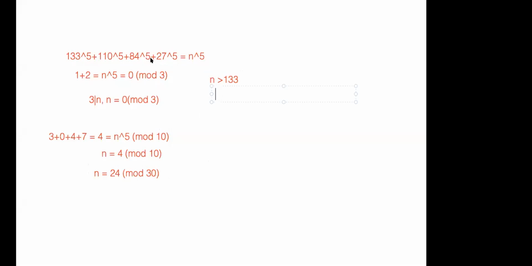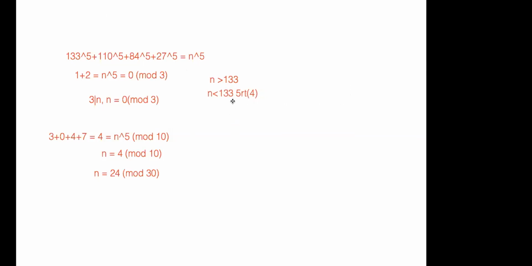We know that n is smaller than 133 times the fifth root of 4. I kind of screwed this up a little bit. Let me select this text. Yeah, the fifth root of 4. So we have this, right?